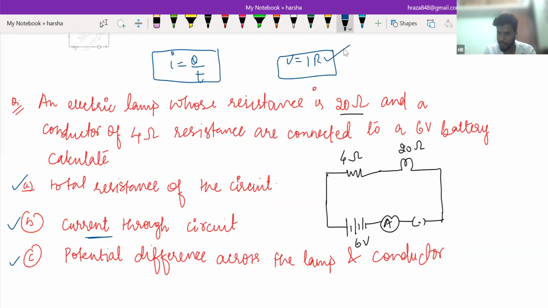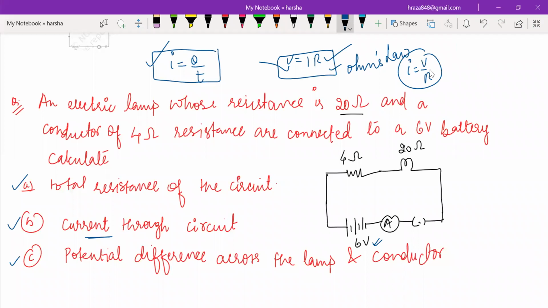You just calculated 24 ohm, and V is also given, that is 6 volt, right? Yeah. Then which formula are we going to use? This formula, Ohm's law. Yeah. The formula from Ohm's law, not this formula, because neither time nor charge is given. So for current, with the help of Ohm's law, I is equal to V upon R. Is that clear, Harsha, Amna, Abdullah? Yes. Please calculate it and let me know.